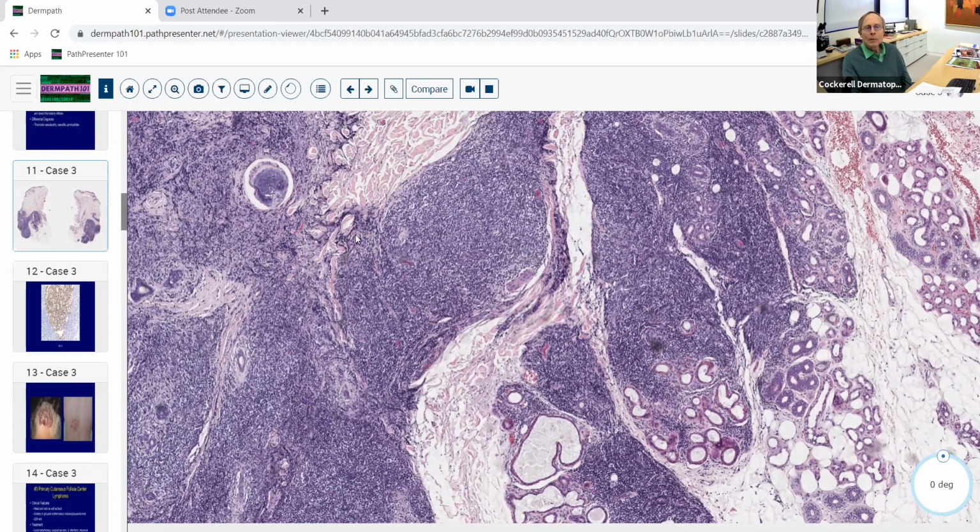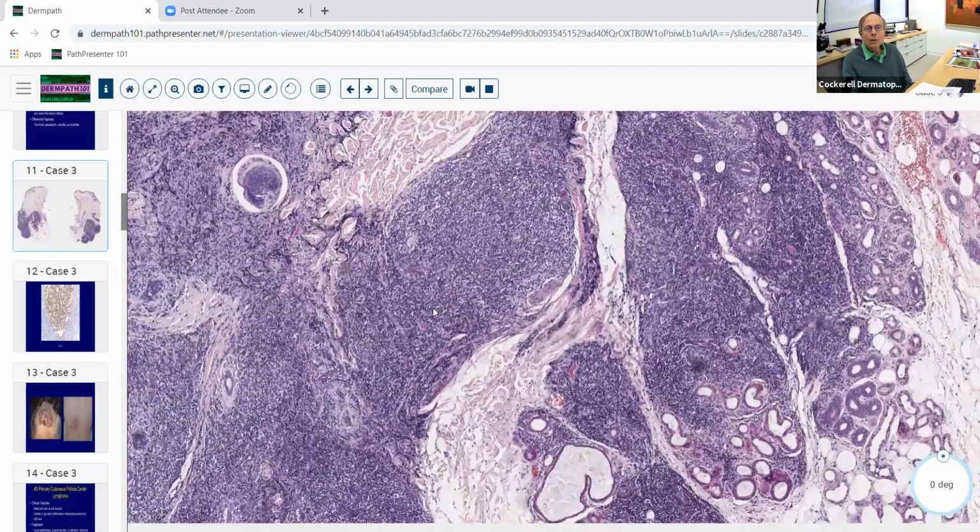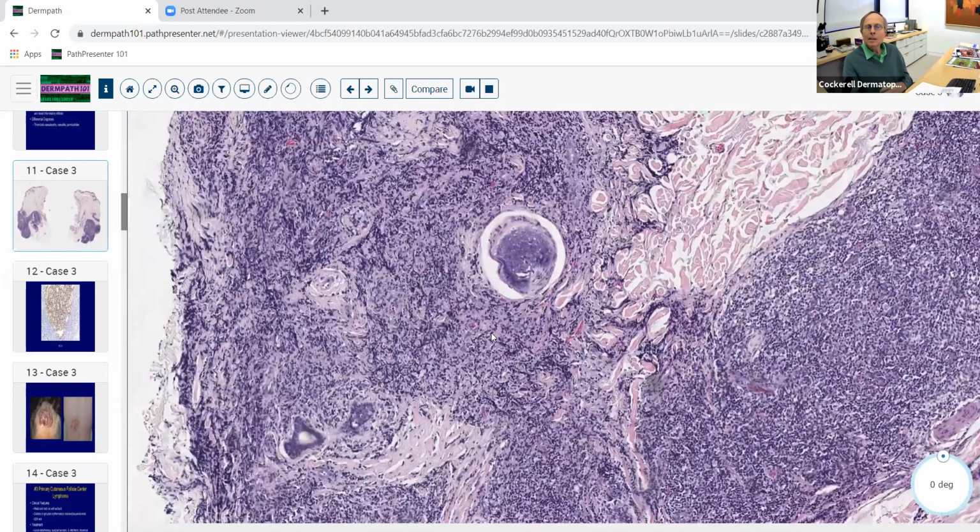If you get these lymphomas, sometimes you get what's called inside-out follicles, where the follicular center cells are not confined to the center of the lymphoid follicle. They kind of spread outside of that, like here. So here we've got the centrocytes that are kind of at the periphery, and then the small lymphocytes are in the center. So this is the opposite of what we should see.